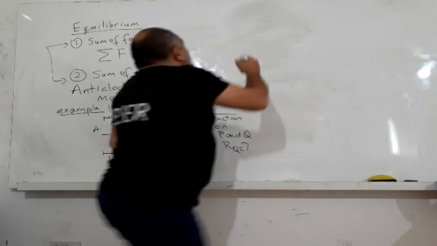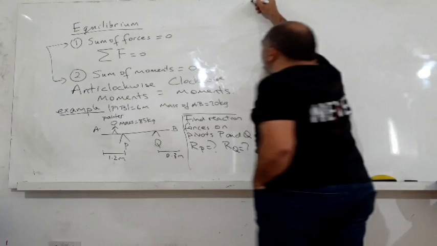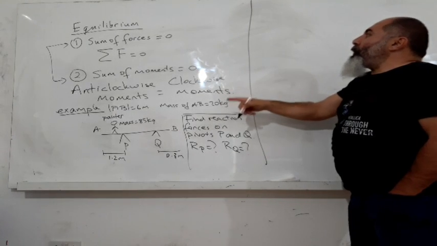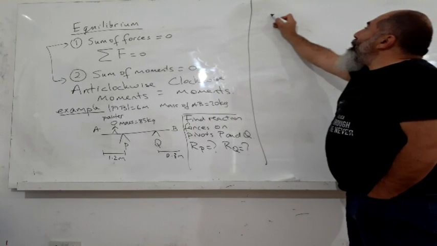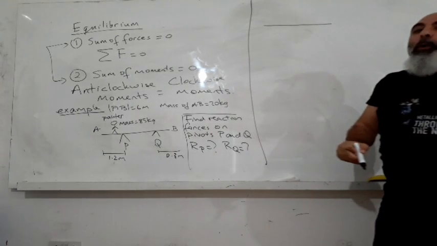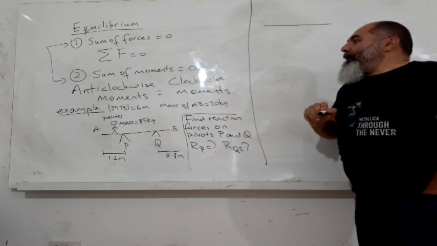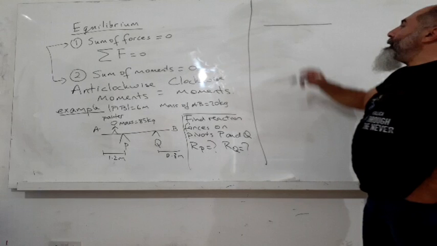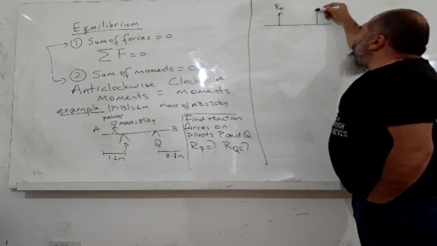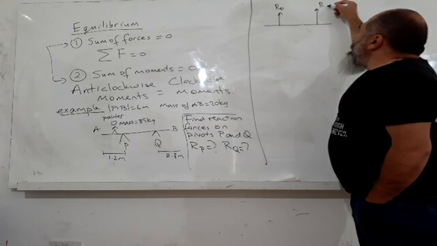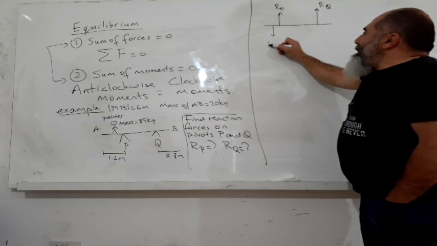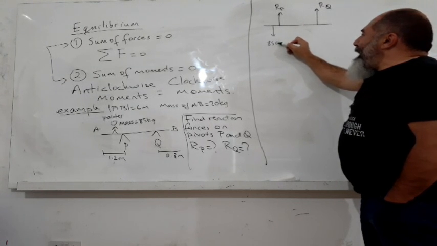Now, let's redraw the shape, the diagram that we already drew in the last example. We had RP here, we have RQ there, 85G there, 20G there.